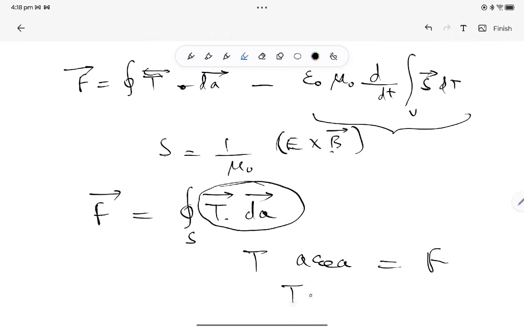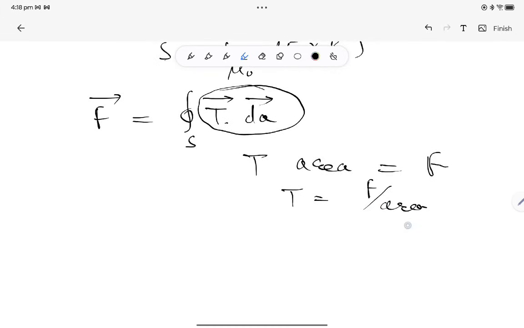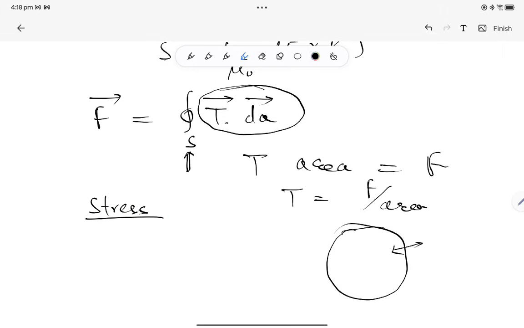Now T is equal to F by area, so T is force per unit area across this surface S, the electromagnetic force per unit area. That is why we call it Maxwell's stress tensor, because it's force per unit area, and force per unit area is stress.